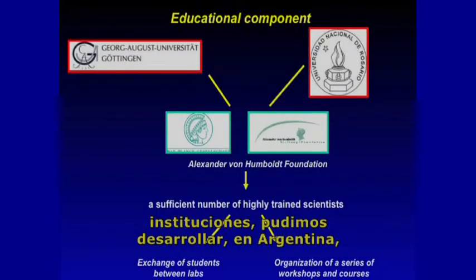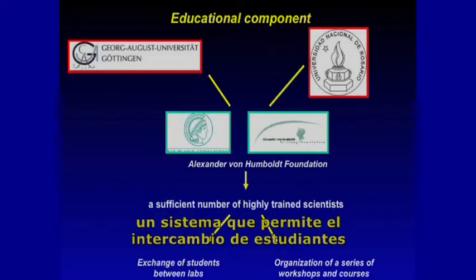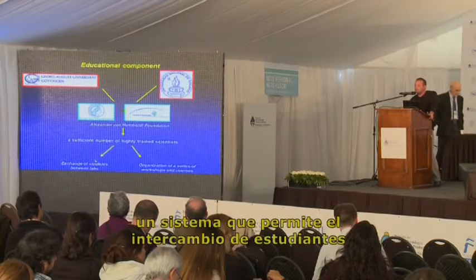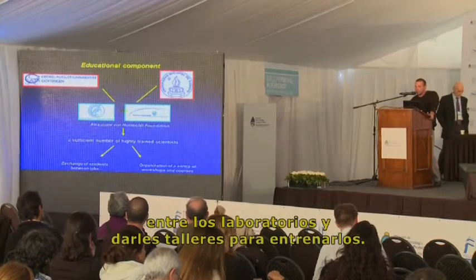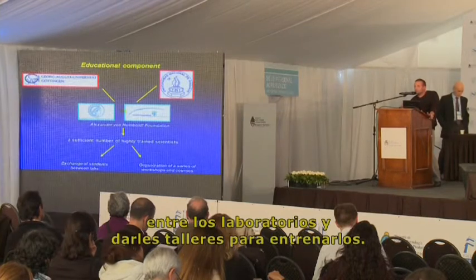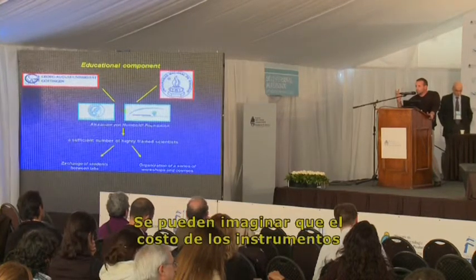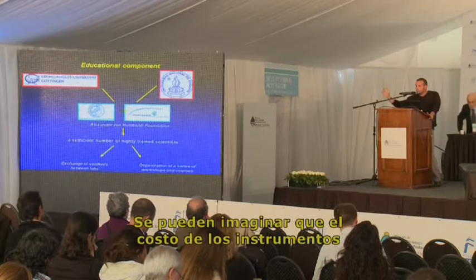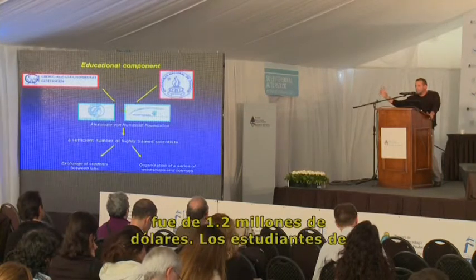So with this funding and this support, we were able to set up in Argentina a system that allows us to exchange students between labs and to organize a series of workshops and courses to train the students, because you can imagine the cost of the instrument was $1.2 million.